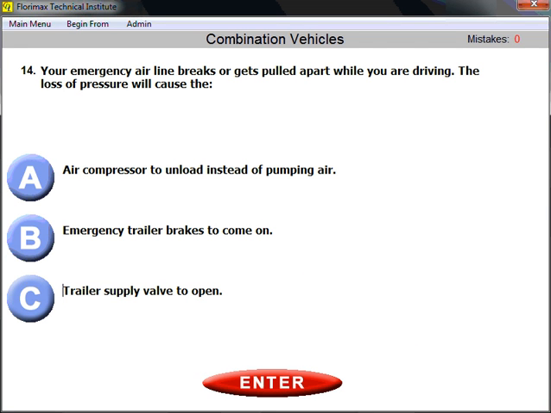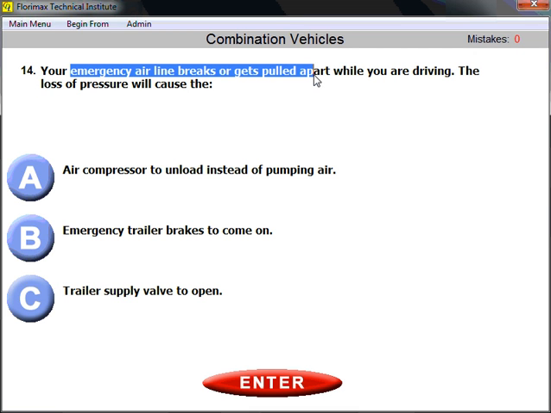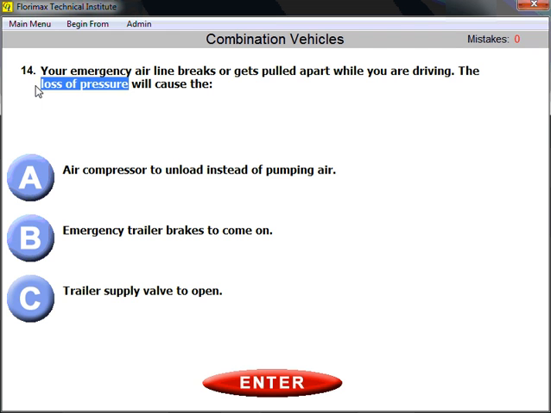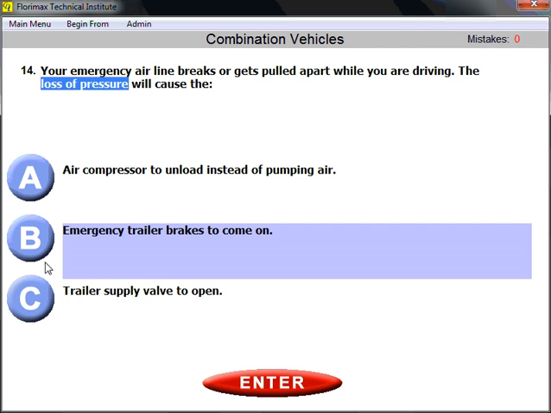Question number 14. Your emergency airline breaks or gets pulled apart while you are driving. In this case, the loss of pressure will cause what? It will cause the emergency trailer brakes to come on.